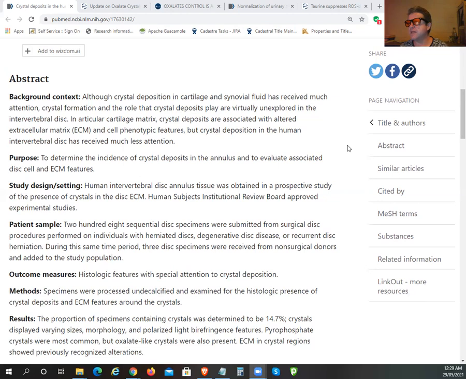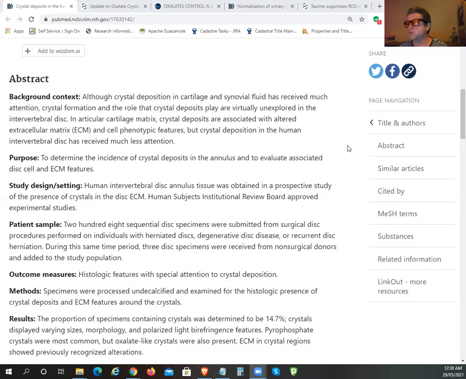Purpose: to identify the incidence of crystal deposition in the annulus and to evaluate associated disc cells and ECM features, the extracellular matrix. Okay, study design settings, human intervertebral discs. Tissue was obtained in a prospective study of the presence of crystals in the disc ECM. Human subjects, Institutional Review Board approved experimental studies. Did pass the ethical review.